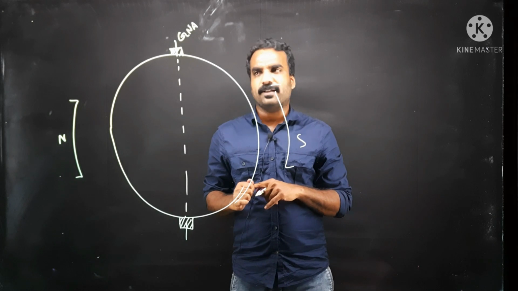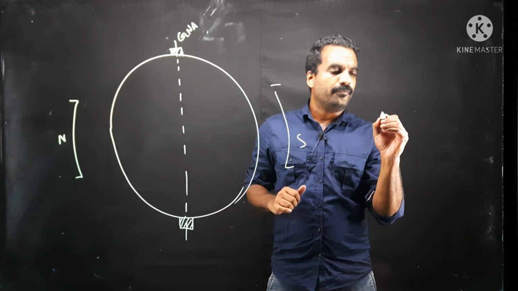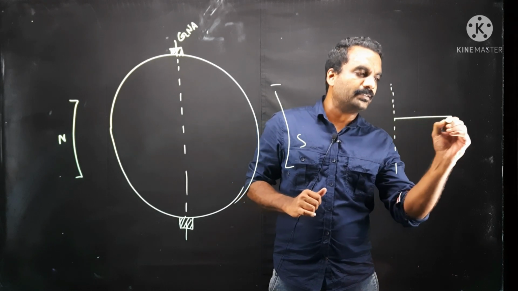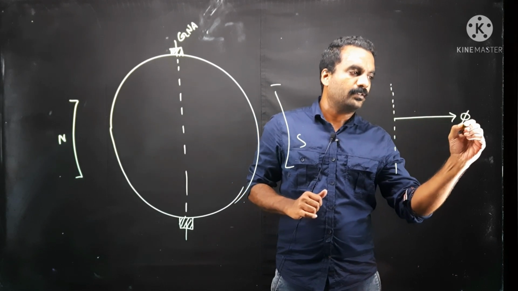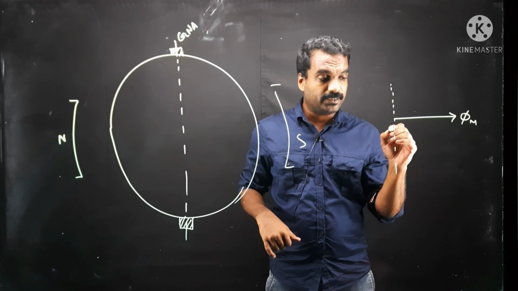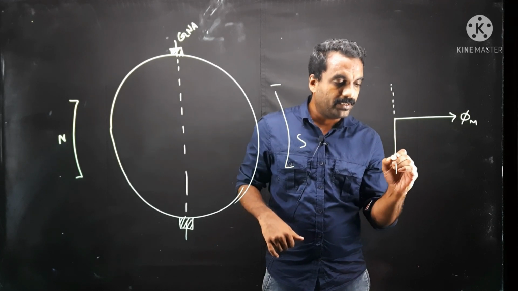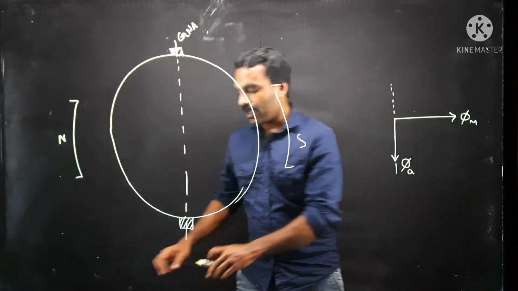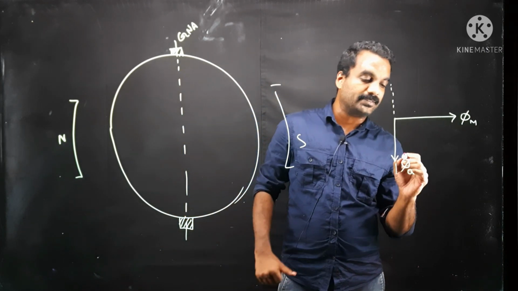So, for finding that, what was case 1? The main flux was passing in this direction, phi m. And what was the second subheading? It was armature flux phi A. So how can I find the resultant flux?